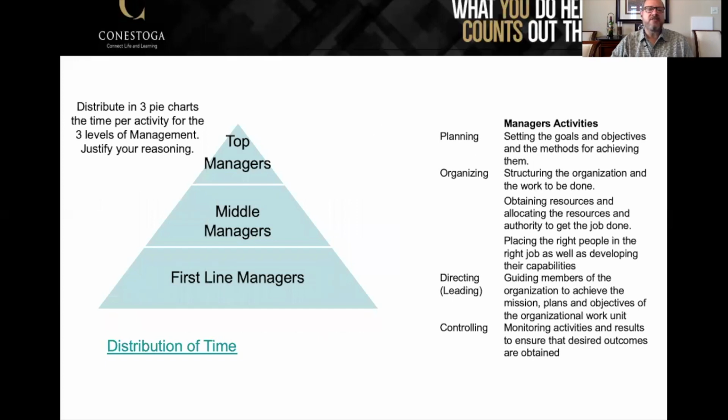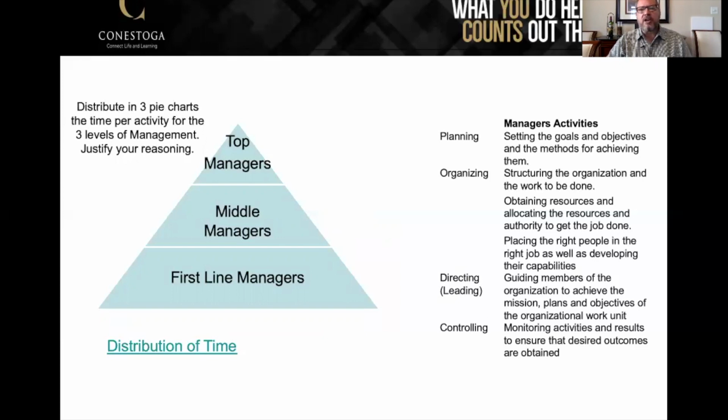Okay, and then I think this last one here, if you look at organizations from a pyramid structure, right, you tend to have more first line managers than top managers, and then middle managers in between. What you do as a manager has a lot to do with where in the org you are, right? At the very top, much more of what you do is planning. That's probably the number one part of your tasks.